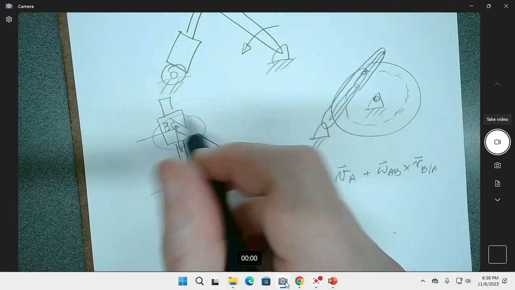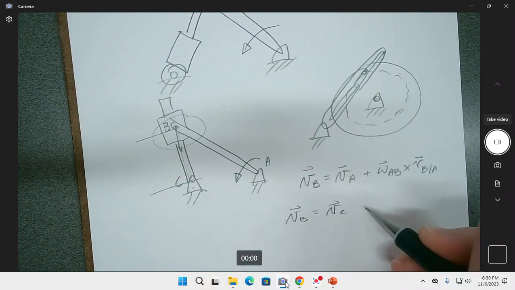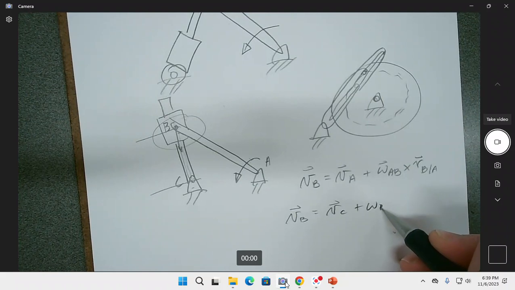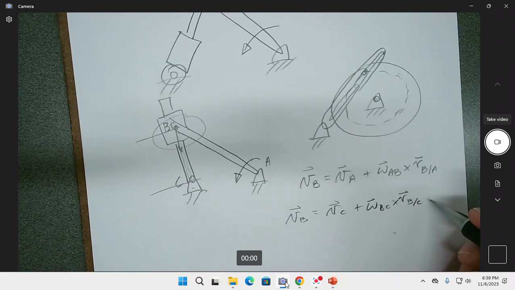But then you look over here and VB is going to be equal to VC plus omega BC crossed with R B with respect to C, plus V rel, or I could just say VB with respect to C if I wanted to.